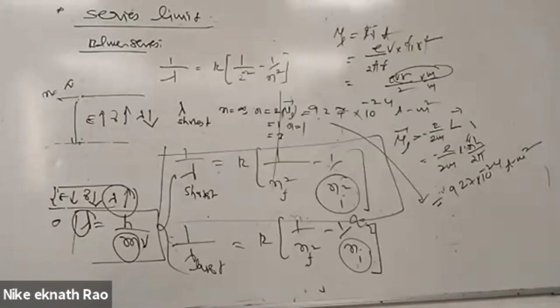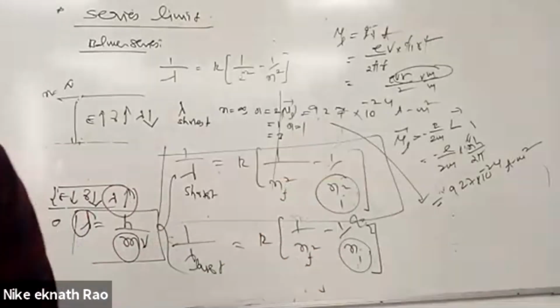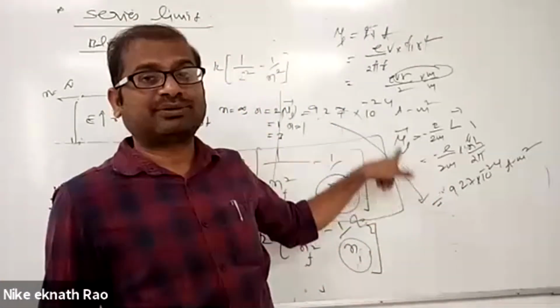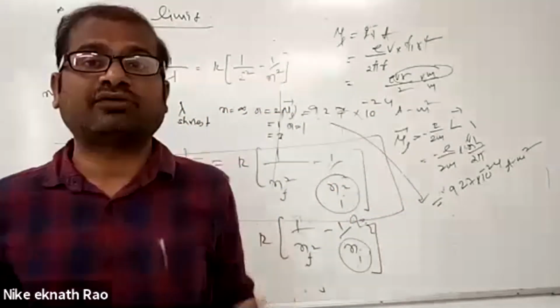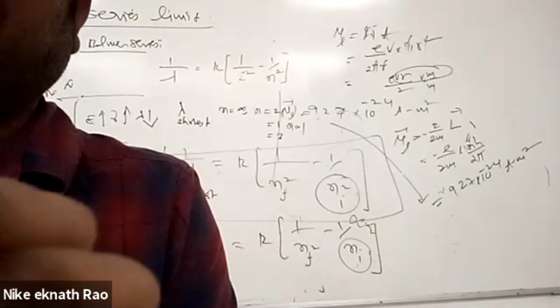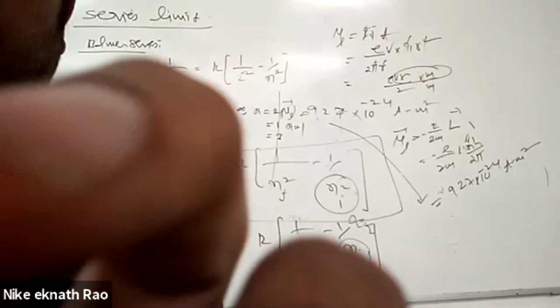It is 9.27 or 9.28 into 10 power minus 24 ampere meter square. The magnetic dipole moment of the electron in the first orbit of the Bohr model is known as the Bohr magneton. Okay, these are the points.